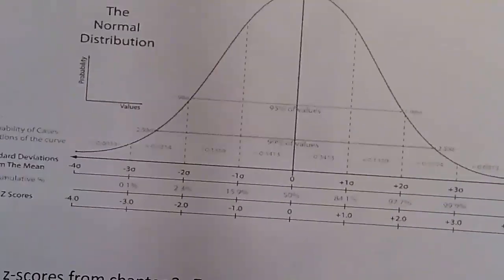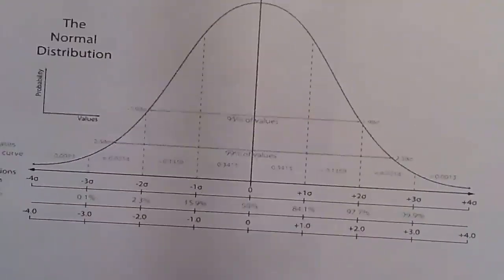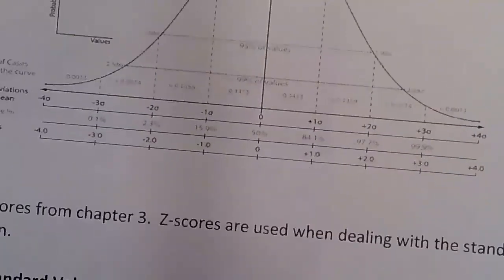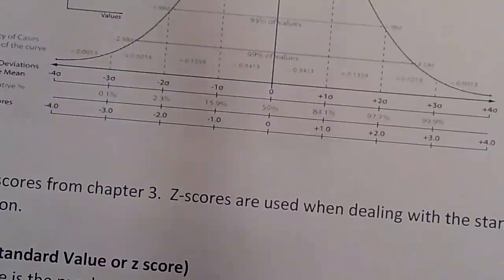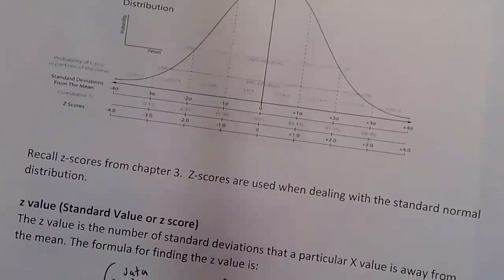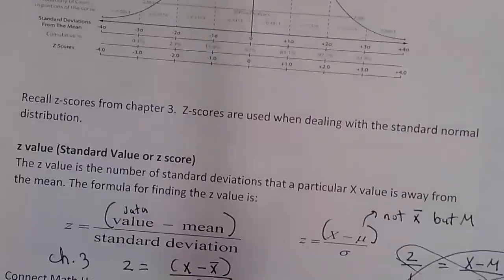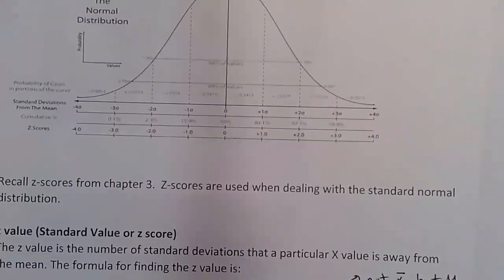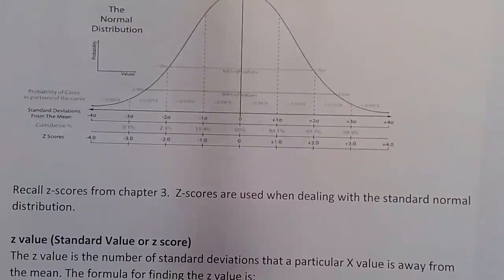Z-scores. It says recall Z-scores from chapter 3. Z-scores are used when dealing with standard normal distributions.